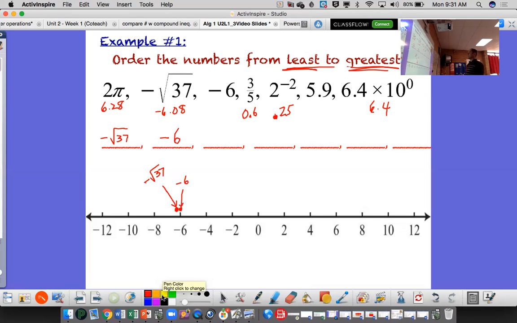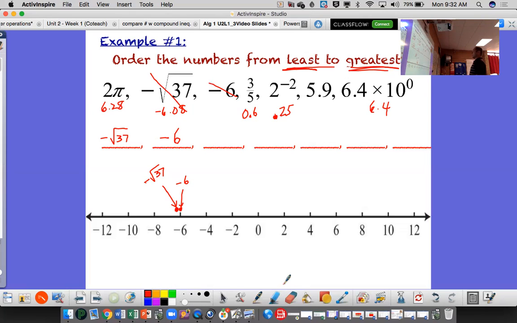Pardon me if I get one of these wrong, because I have to step back and look at it. It's a little bit easier when it's smaller on your notebook. Negative 6. Do I have any more negative numbers? No. Anything close to 0? So this one's out. This one's out.